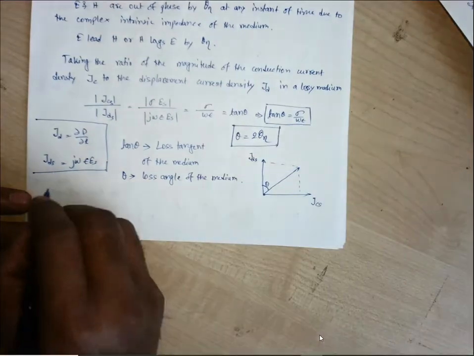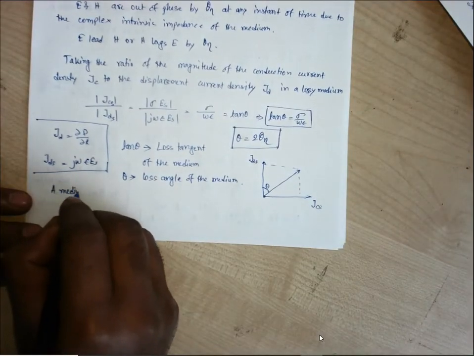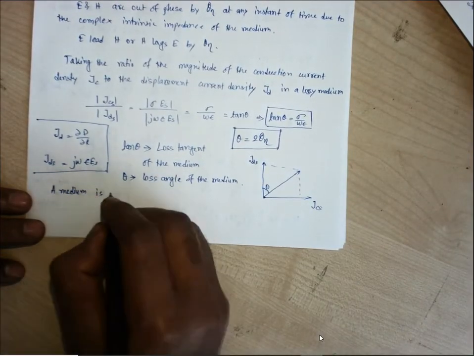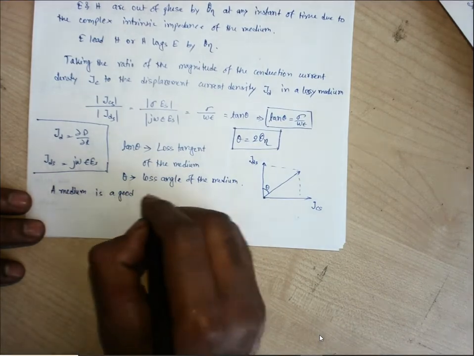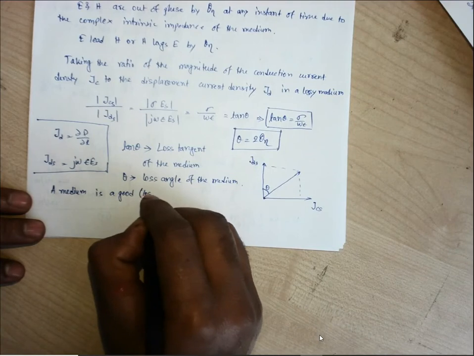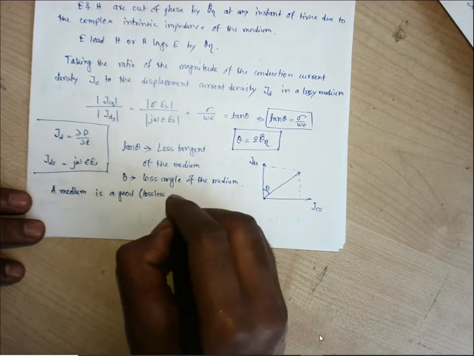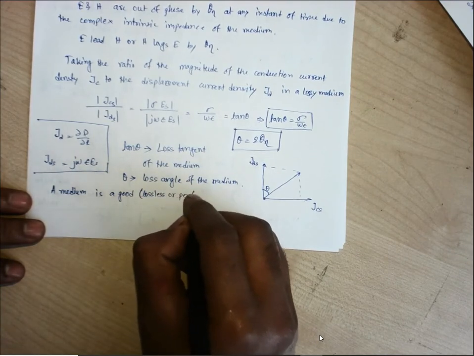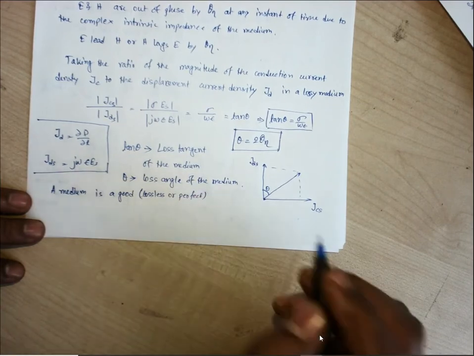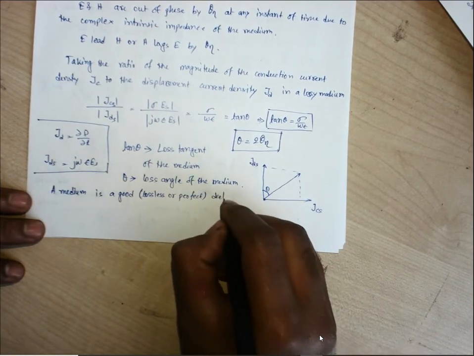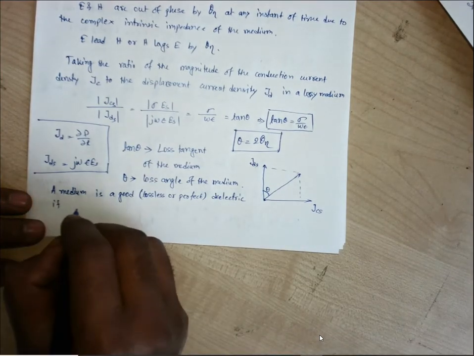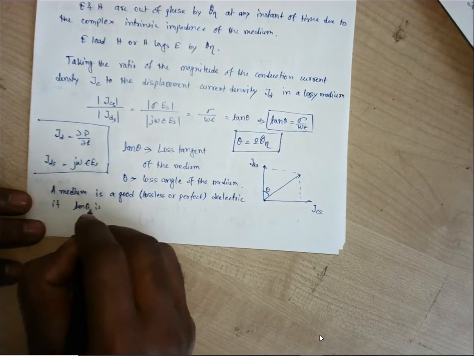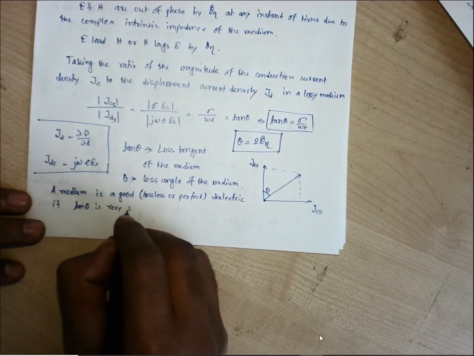So that's why we say that a medium is good, I'm just writing here, good means lossless, perfect dielectric, if tan theta is very small.